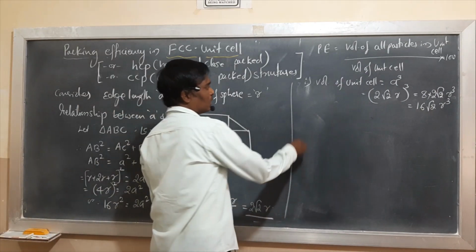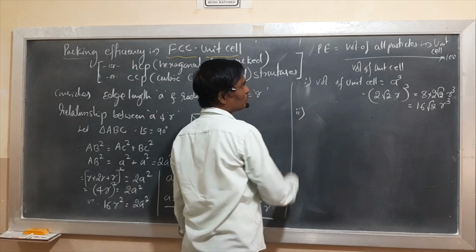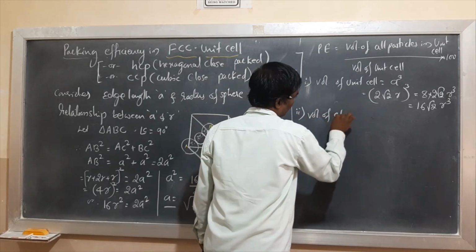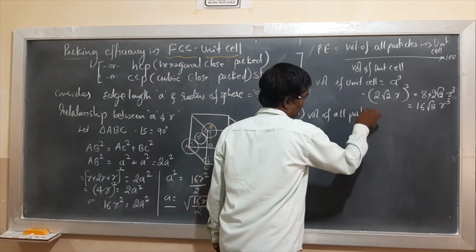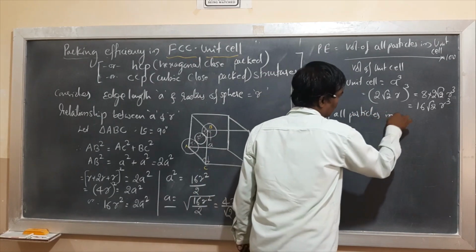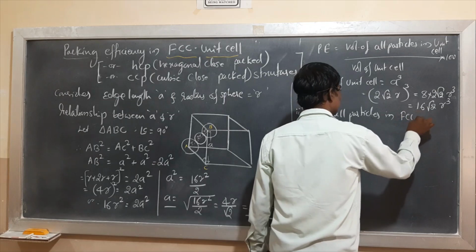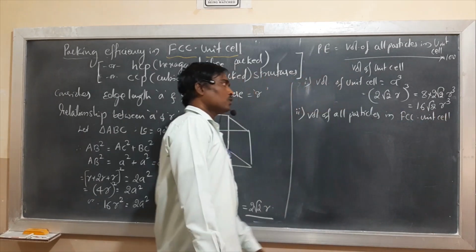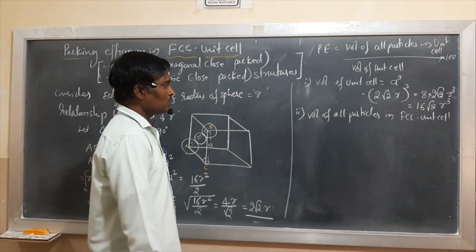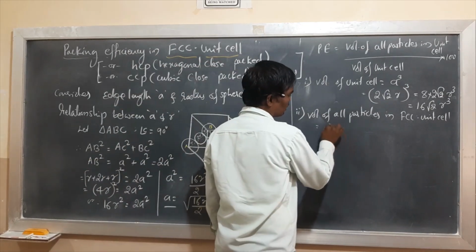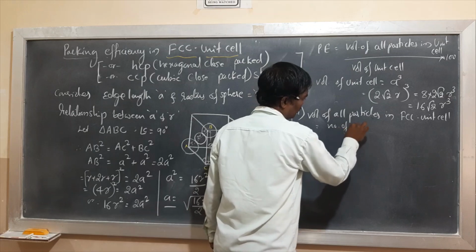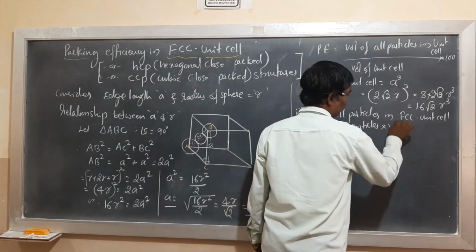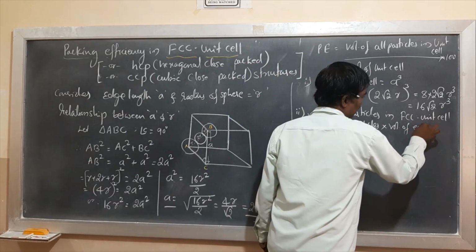Okay. Next, the second one is the volume of all the particles. Volume of all particles in FCC unit cell. Volume of all particles in unit cell, that is the FCC unit cell, is equals to, we know the formula, that is the number of particles multiplied with volume of each sphere.